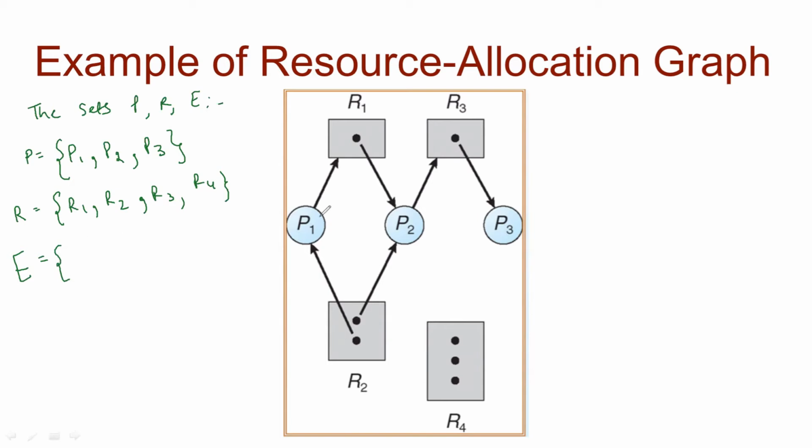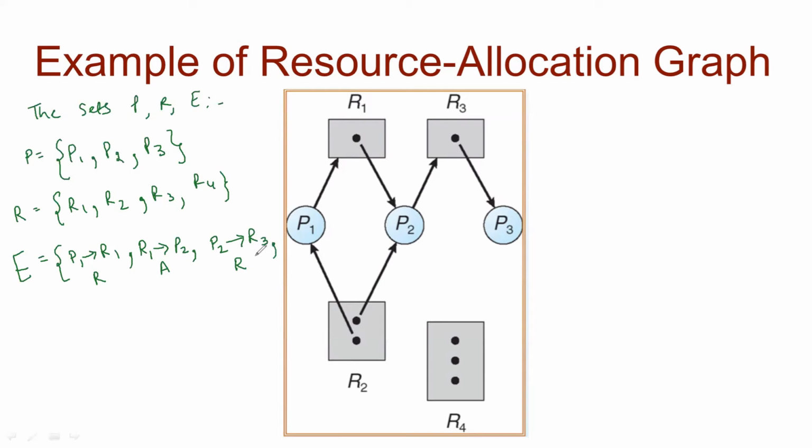Now there is an edge from P1 to R1. This is a request edge. P1 has requested an instance of R1. Then there is an edge from R1 to P2, meaning R1 has been allocated to P2. This edge is an assignment edge. Then similarly, we can write down all other edges. P2 to R3 is a request edge.